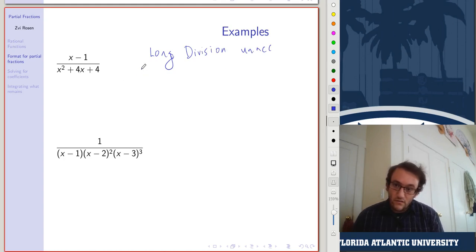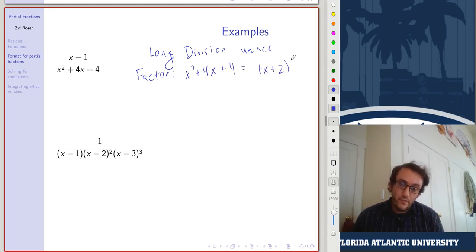Let's factor the denominator. We get x squared plus 4x plus 4. This is equal to x plus 2 squared. Okay? Given that we have x plus 2 squared, we can set up the new equation.